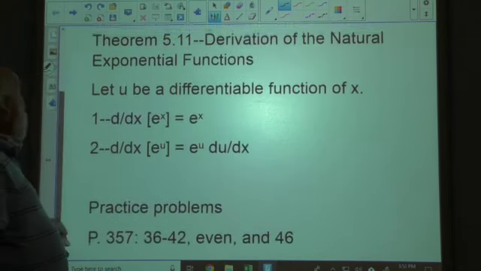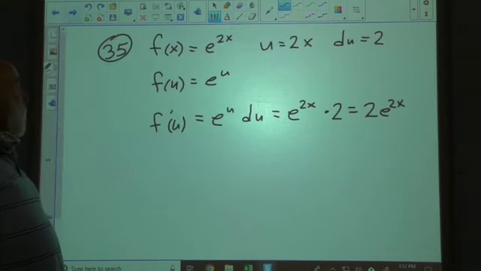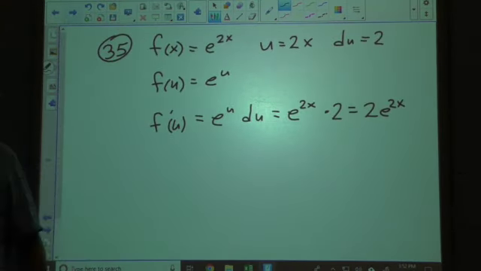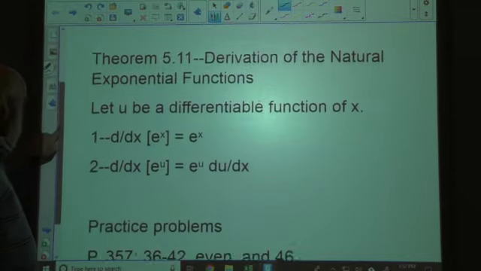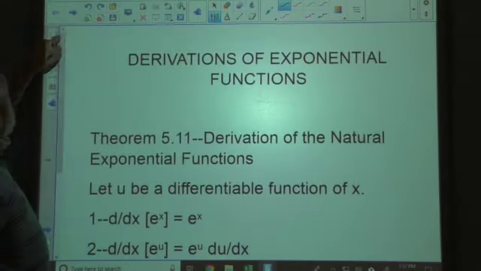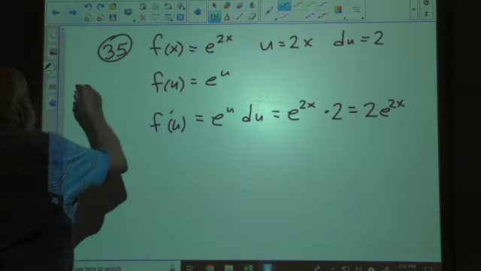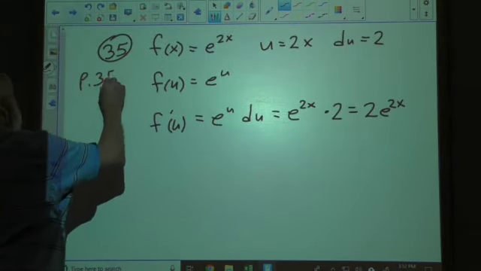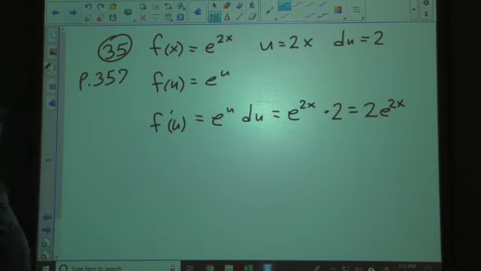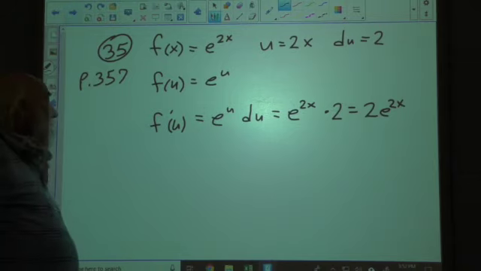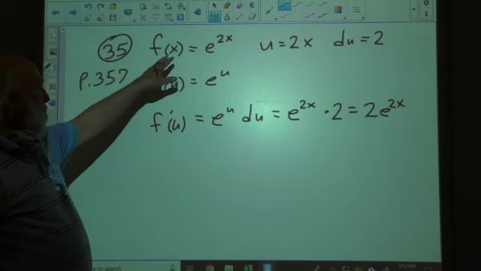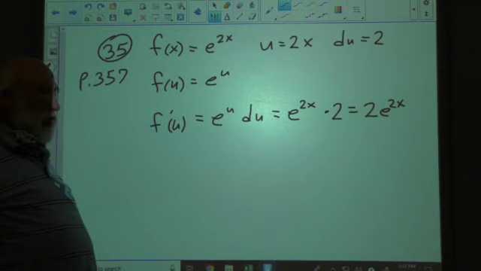Okay? So, let's take a look at some problems here on page 357. We'll do some odd number problems and give you a chance to see how this works. The first one, we're asked to find the derivative of f of x, which is equal to e to the 2x.